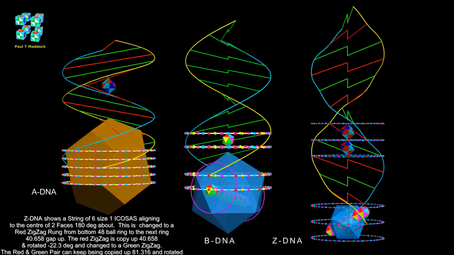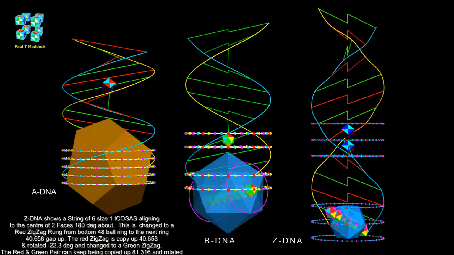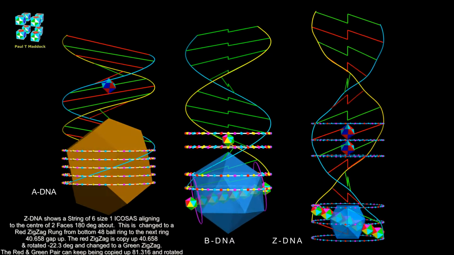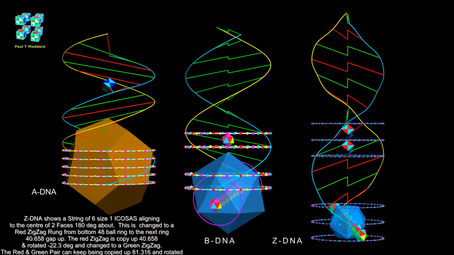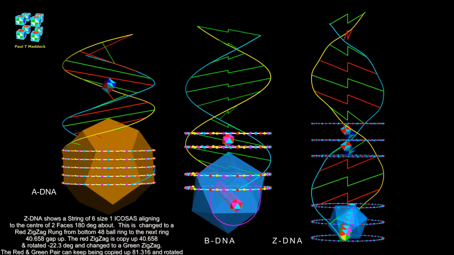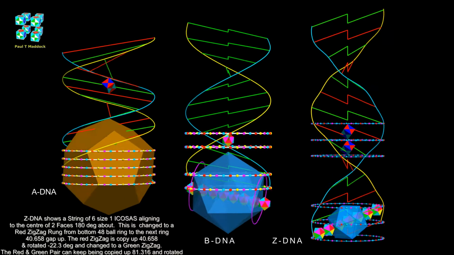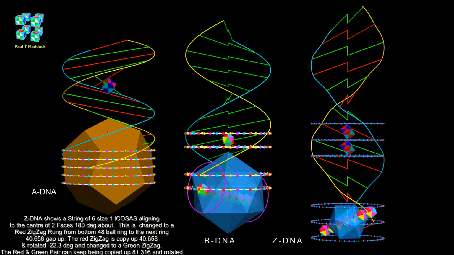Now that is why this helix I'm showing looks a lot better than what the scholars show. What the scholar shows looks very awkward. Actually, this is what led me down the garden path. So you can do a comparison by yourself. My helix looks a lot smoother than the Z-DNA that the scholars show.